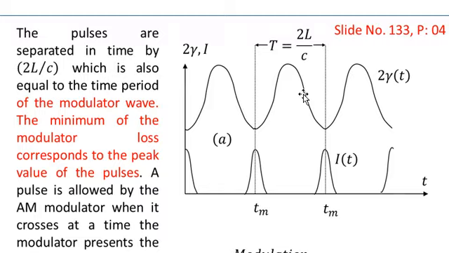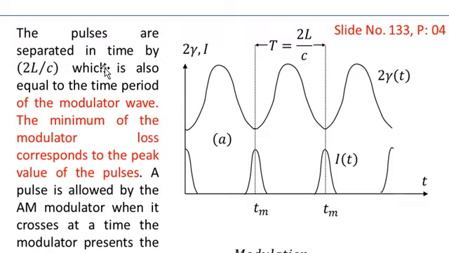When the modulator modes coincide with these Q-1 and Q+1 modes, you can control the phases and the amplitudes of those modes. For example, here in this 2 gamma as a function of time curve, we are controlling the output of the laser beam, the output of the pulses.